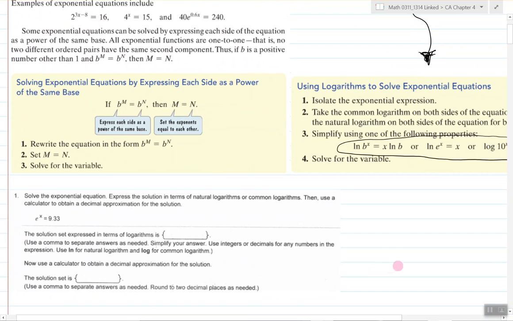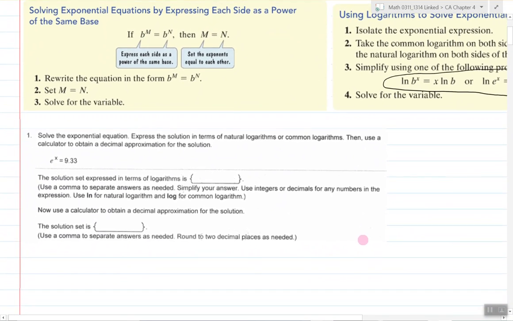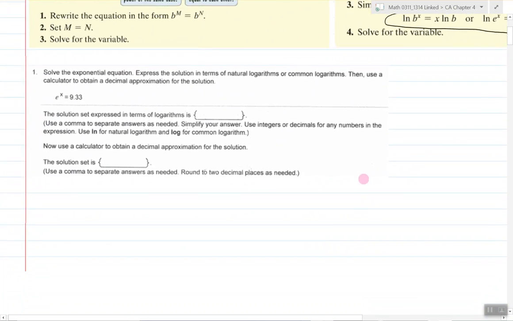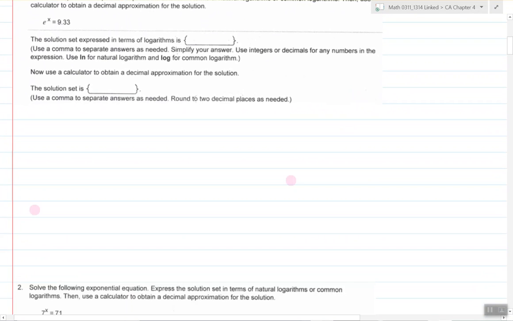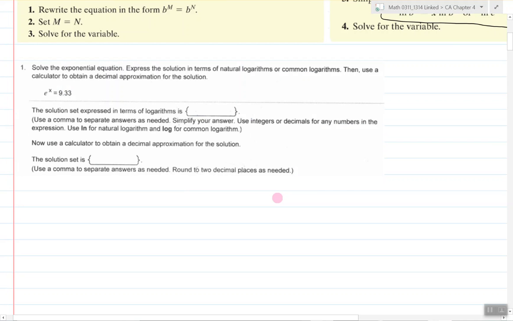All right, let's look at number 1. In this problem, the base is e, and it's e to the x is equal to 9.33. Now, in this one, because the base is e, I'm going to use ln.